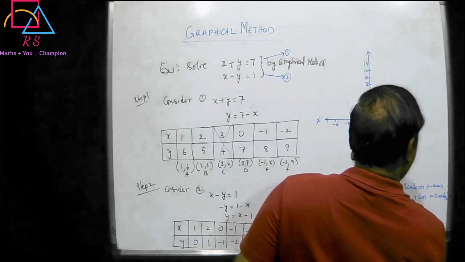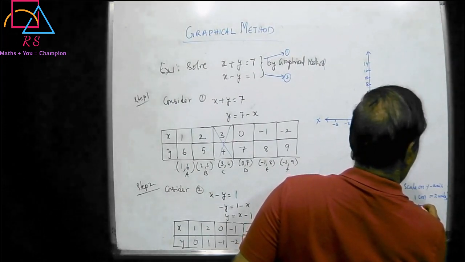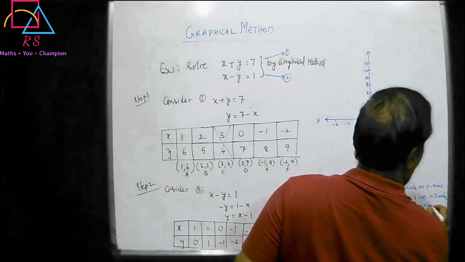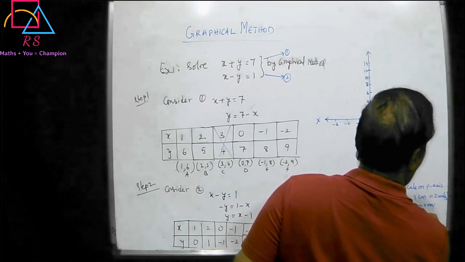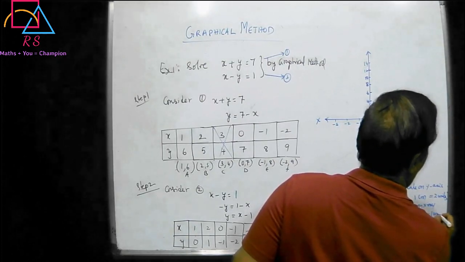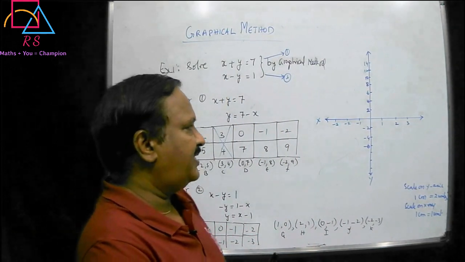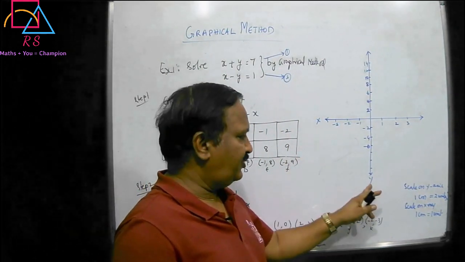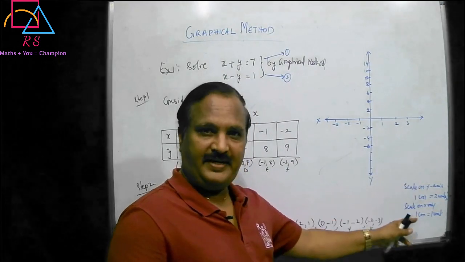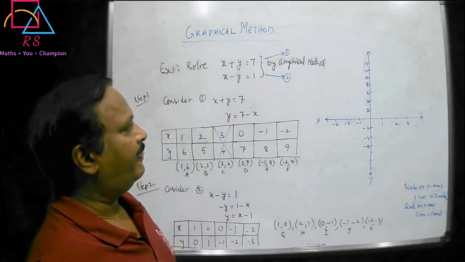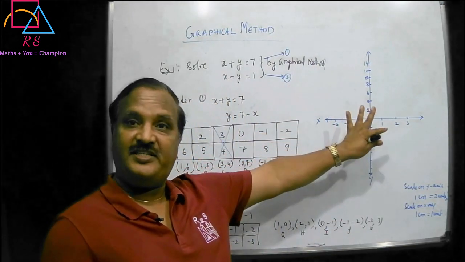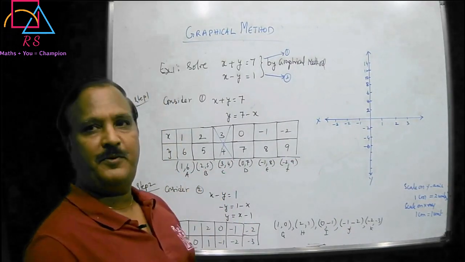So here the scale on the x axis: 1 centimeter is equal to 1 unit only. Very, very important. You should indicate x, you should indicate y, you should indicate the scale. Okay. Now my graph sheet is ready to represent these points.